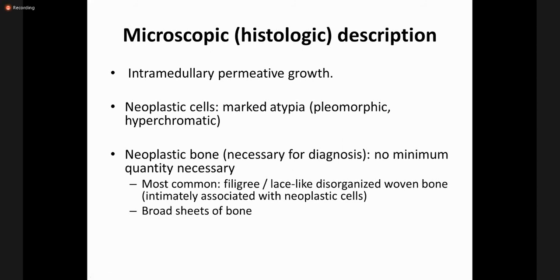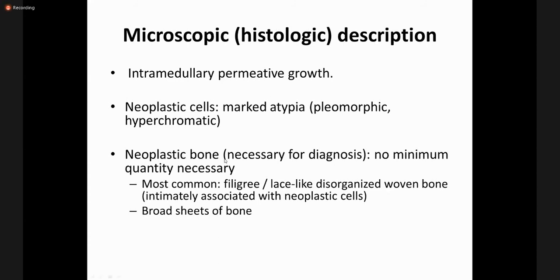If you find only traces of malignant bone, the diagnosis of osteosarcoma is made. If there is a lot of malignant bone, then again it is osteosarcoma. So it's not the quantity of bone, but the presence of malignant bone that is necessary for the diagnosis of osteosarcoma.